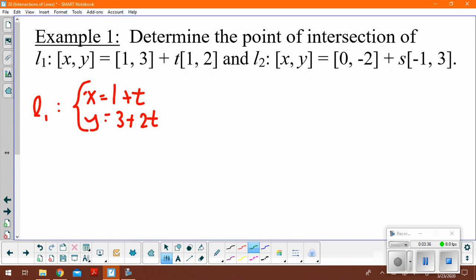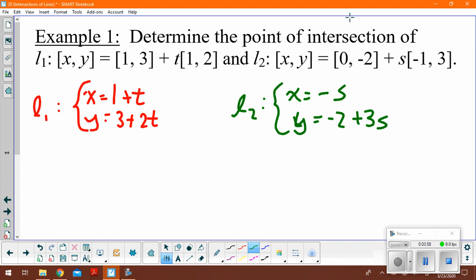For line 2, we have x is equal to 0 minus s, so minus s, and y is equal to negative 2 plus 3s.